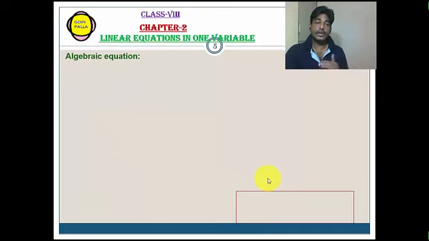Next we'll go to what is an algebraic equation. As we have already discussed, the equation should contain the equality symbol, which connects two algebraic expressions.